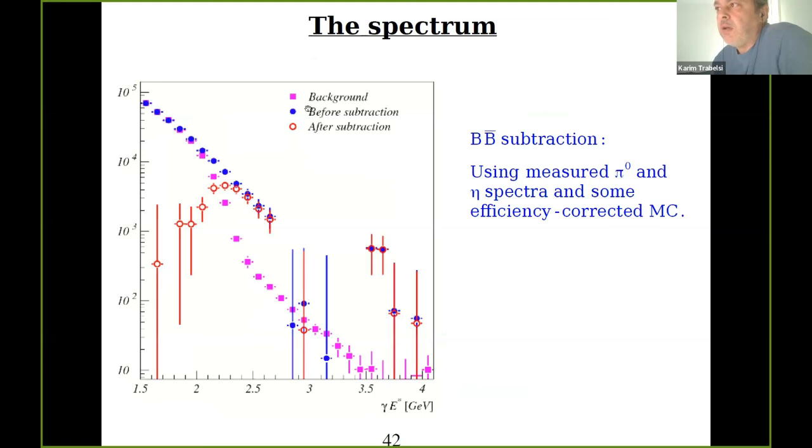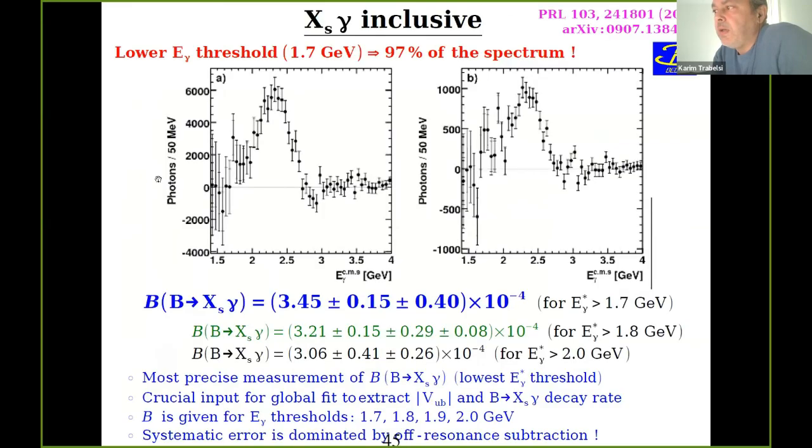So you see that actually below 2 GeV, you don't have that much signal, but you definitely have much worse background, much larger background. And this subtraction is in fact affecting your systematic. You lose control, in fact, of your subtraction. This is what gives your large systematic. Thanks.